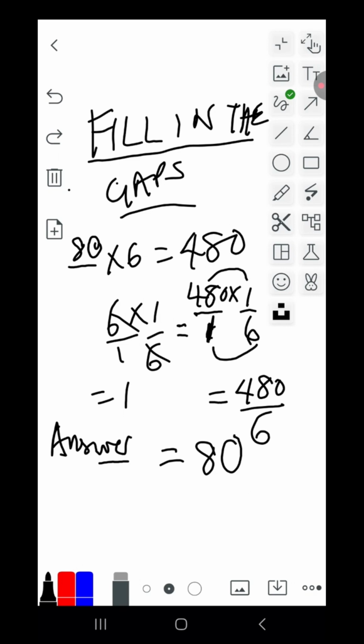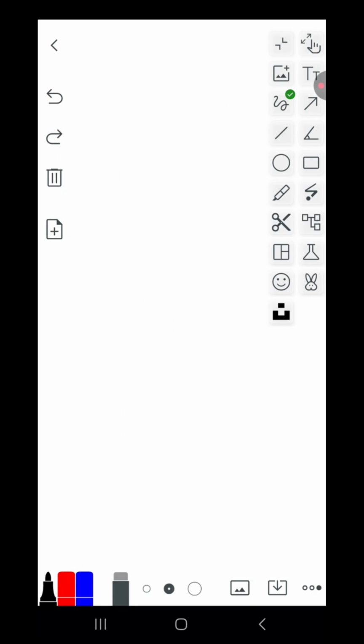Okay, now let's try to do another one. Let's do a question of addition this time. If you have an unknown number add 18 equals 30.